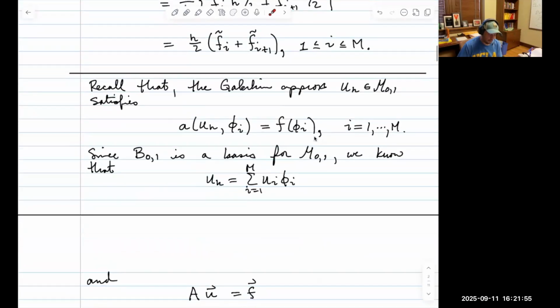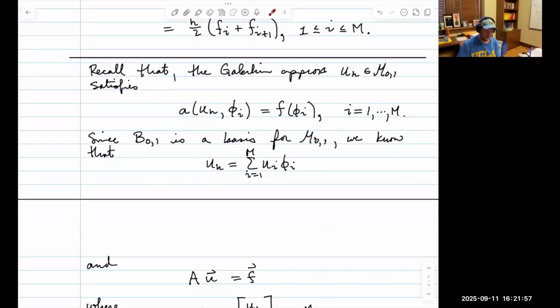Now, recall that the Galerkin approximation told us how to find the approximation that we're interested in. So we're interested in finding the approximation u_h from the piecewise linear finite element space. And remember, going back to the last lecture, this was the finite element space where on each interval the function was linear.